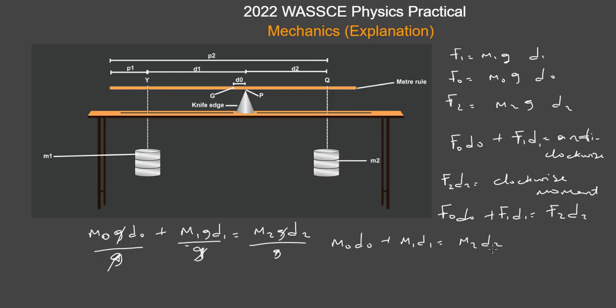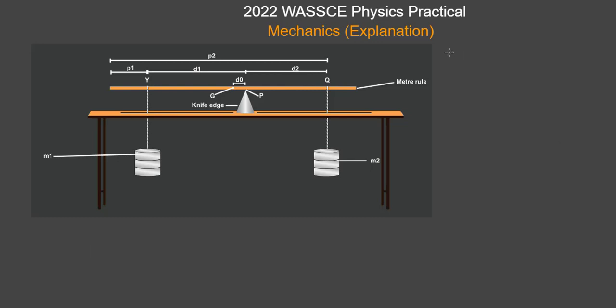Now that you've gotten this equation, what will you be expected to plot? Here we have m naught d naught plus m1 d1 equals m2 d2.